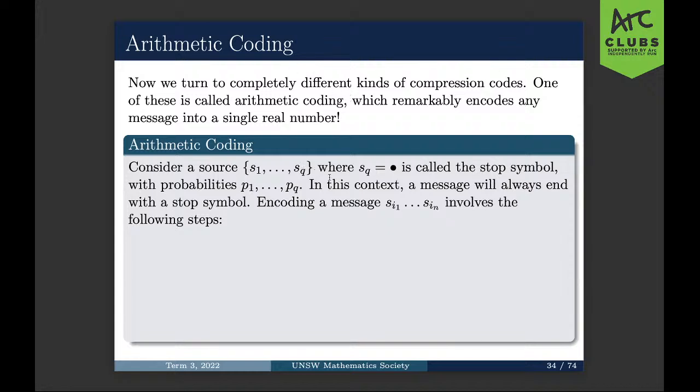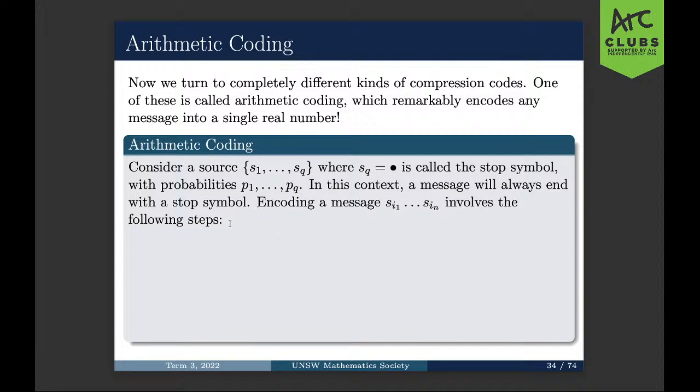We have Q symbols as before, but we also need something called the stop symbol as the last one. And we again have the same probabilities as before. Not necessarily ordered this time, you don't have to assume that. And in this context, this stop symbol is kind of self-explanatory. Every message will always end with a stop symbol.